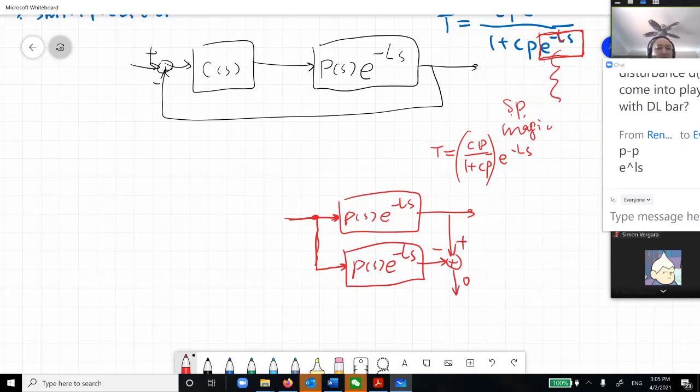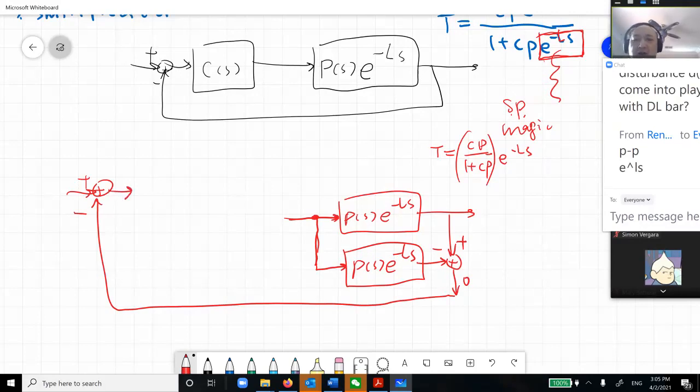But I'm still using this into my feedback here. What should I put here? This one will be P e^(-Ls), but I have C over 1 plus Cp here.